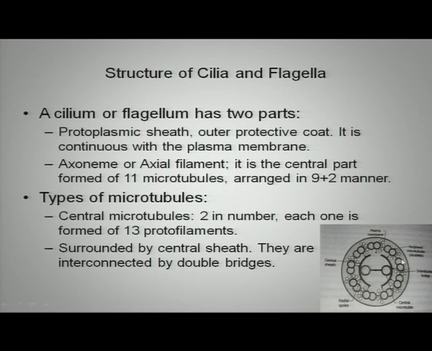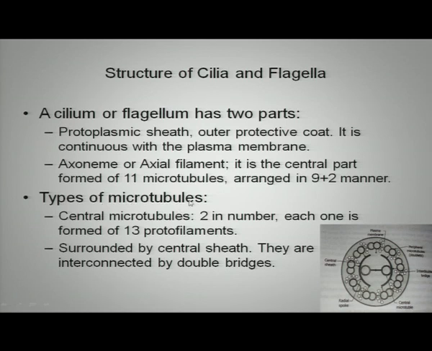In the periphery you can see 9 microtubules and each one is a doublet. And at the center you can see 2 microtubules. So, there is a total of 11 microtubules present in the axoneme.